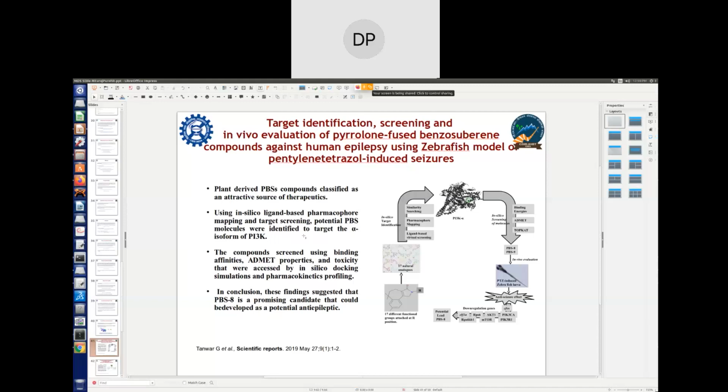In this, we have done all these techniques. From the start we had 17 analogues, that is benzosuvinine molecules as ligands, so it is ligand based screening, and we found that PI3K has more affinity toward these ligands. Then we implemented all the ADMET and Topkat criteria to check the efficacy of potential leads, and whatever leads we got, we tested in the zebrafish model, and we reported one lead with the best affinity toward the PI3K receptor.